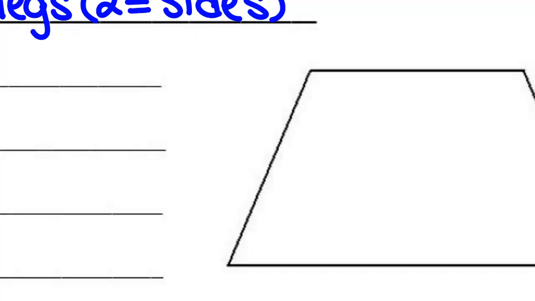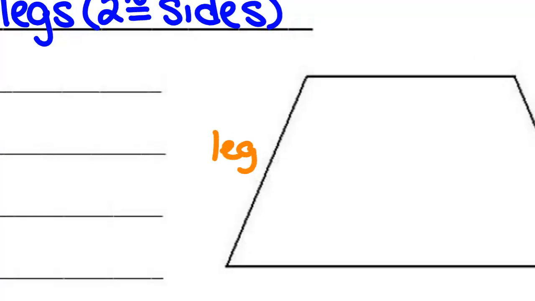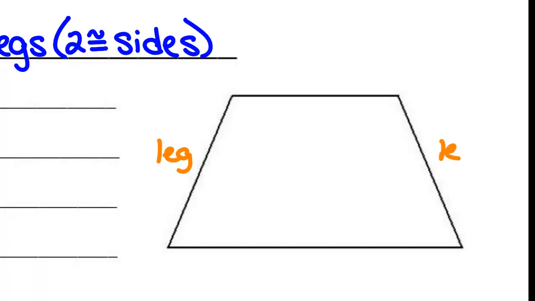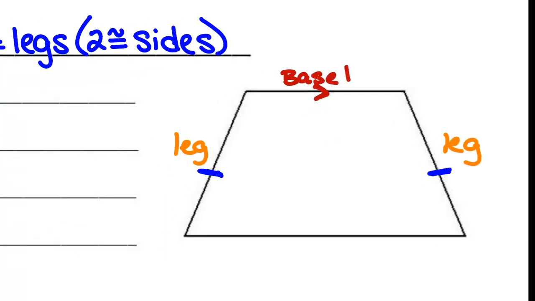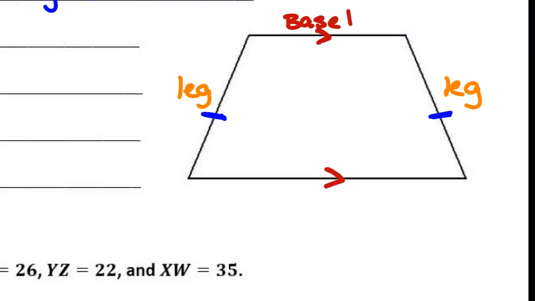So in my picture here, this would be a leg. This would be a leg. Those are the pieces that are congruent. We have base 1 up on top, which is parallel to base 2, which is on the bottom.